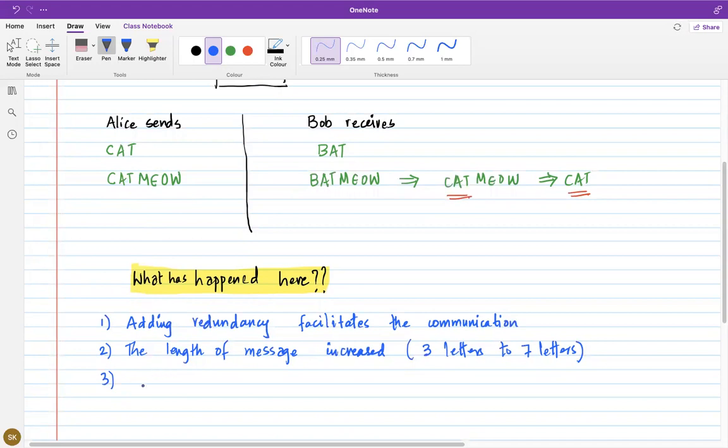So the extra message that you have sent, which is meow, is redundant information which is somehow correlated with the original message.